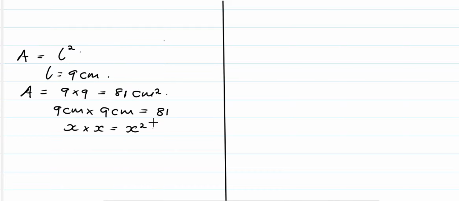With this logic, centimeters multiplied by centimeters will be centimeters squared, and that's why all the units of area, we put them as squared because we are multiplying them 2 times. So in short, we are squaring the units. Even if it was 9 meters by 9 meters, the answer would be 81 meters squared.